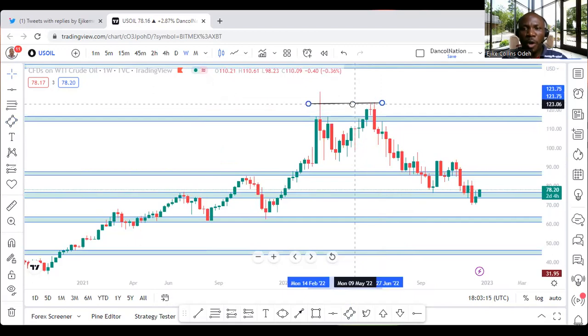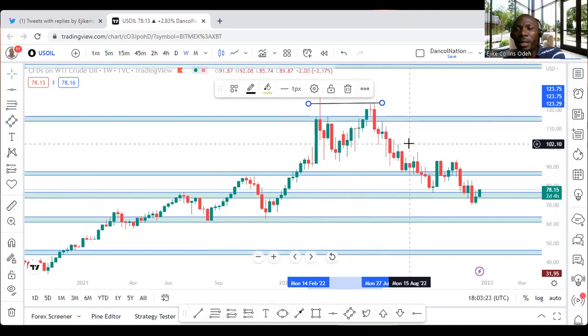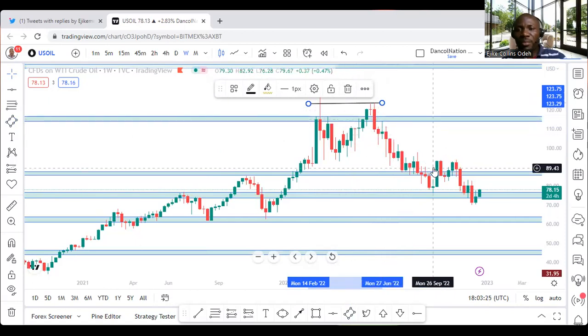Now this double top here is what brought the price back into this bearish momentum. Sorry guys, something is wrong with my mouse.